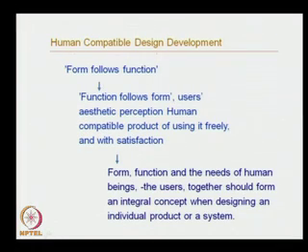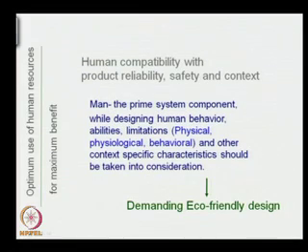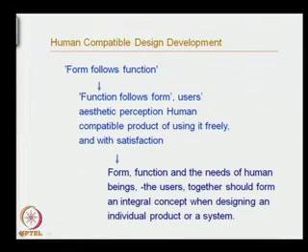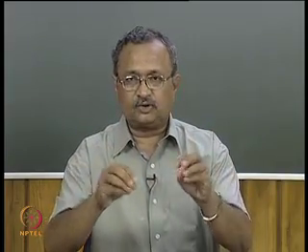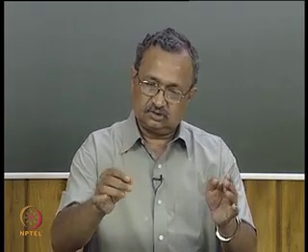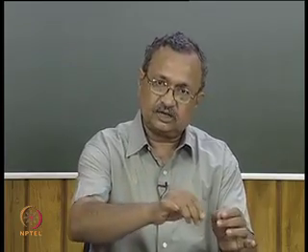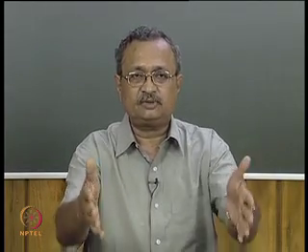The human compatible design development says that form follows function, which means when we develop something, some working components are first developed, and then functional links between them are developed, and then an outer shape is given to have an object.